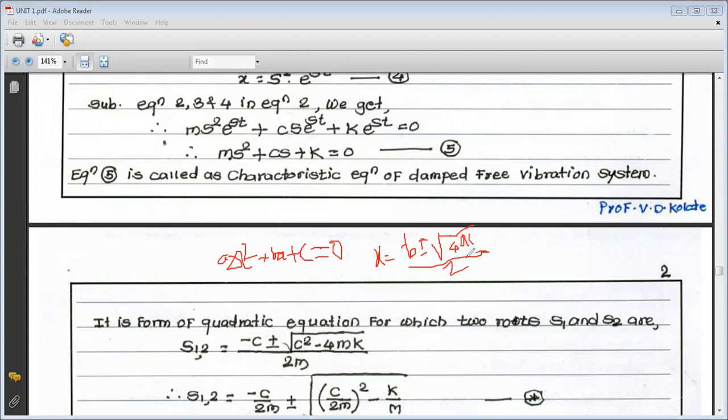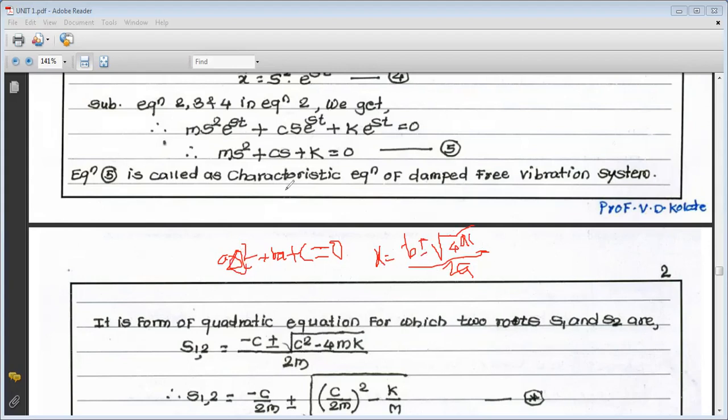So this is the general mathematical equation, the quadratic equation a x square plus b x plus c is equal to 0, and the root is in terms of x because it involves the x term.